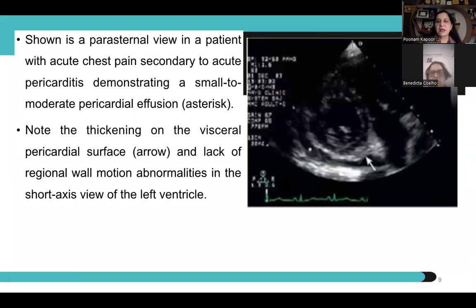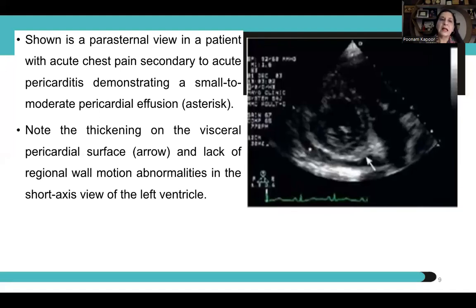So here you see what the views are. We have the 5 major views: parasternal short axis view, as you see here, where you see an indentation of a part of the pericardium, where the fluid is all around the LV free wall.